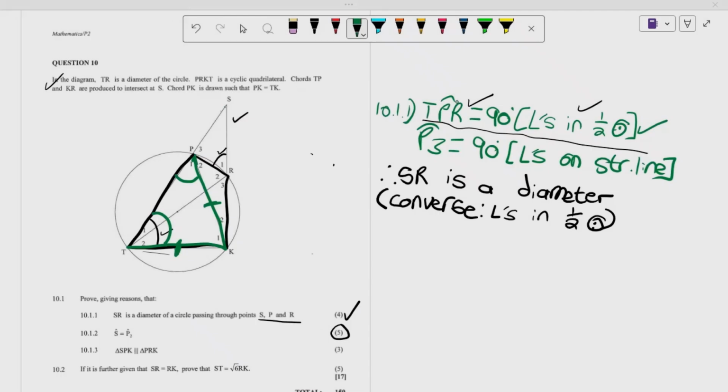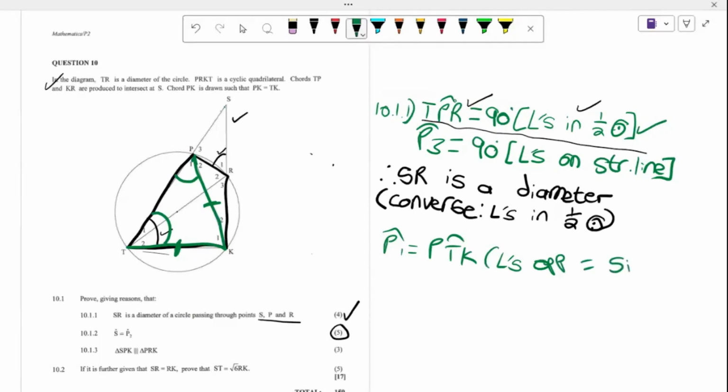If I say now angle P1 is equal to angle PTK, my reason will be angles opposite equal sides.